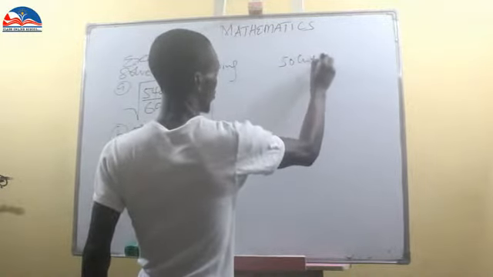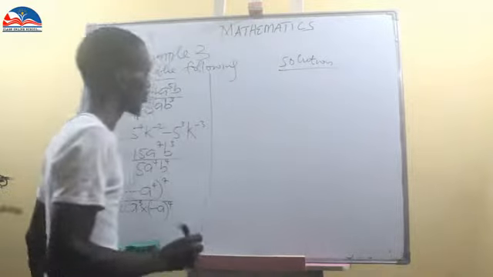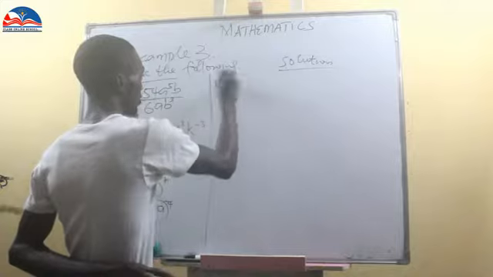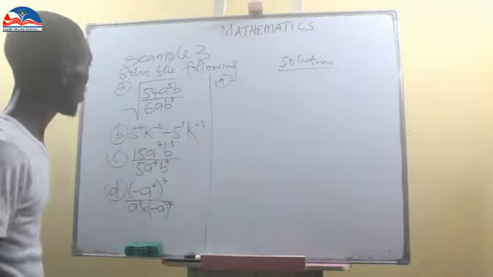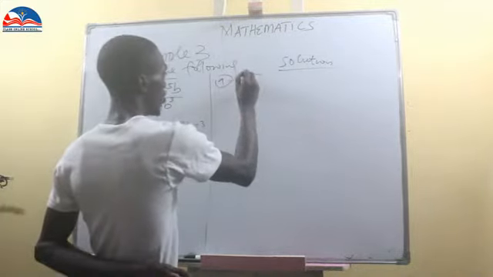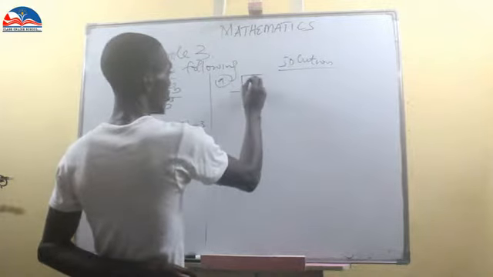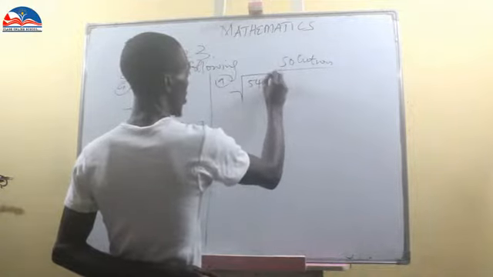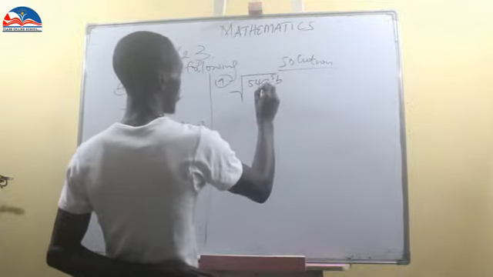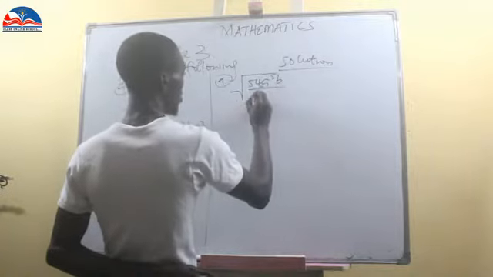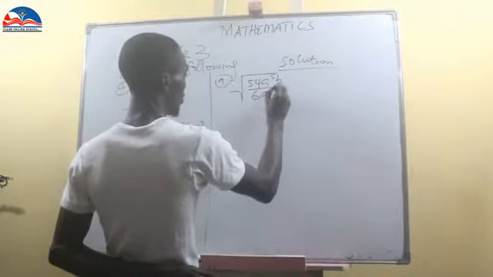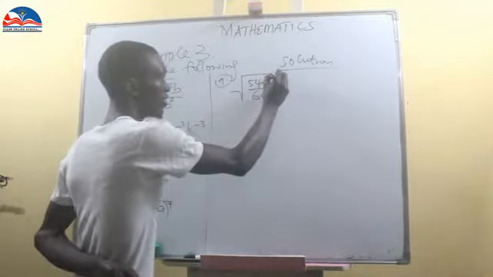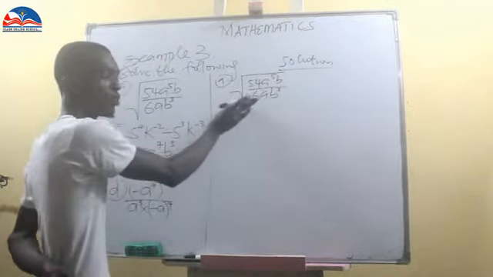Solution. Number 1, A: we have the square root of 54a^5b over 6ab^3. Now we have all these in roots.